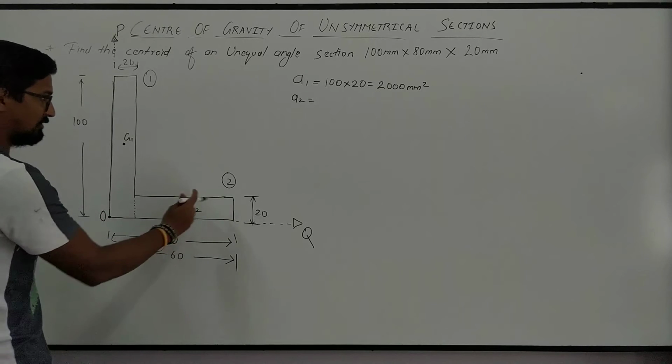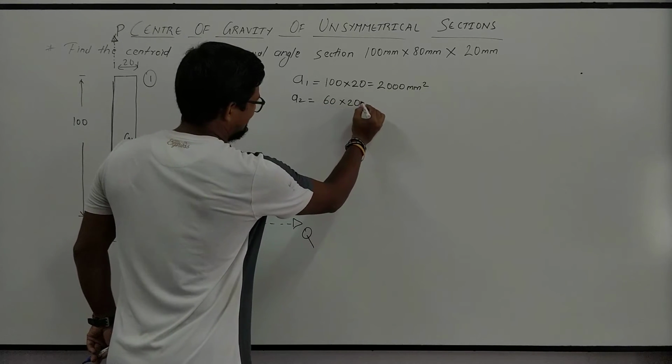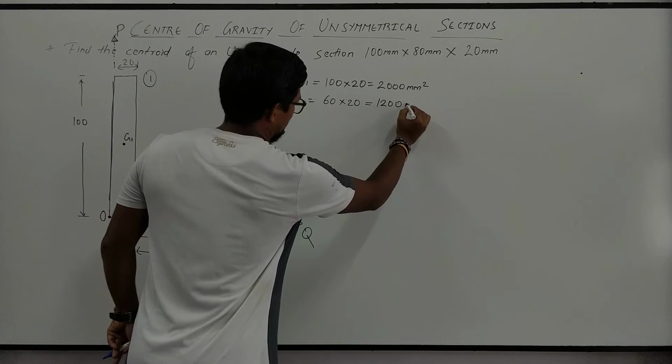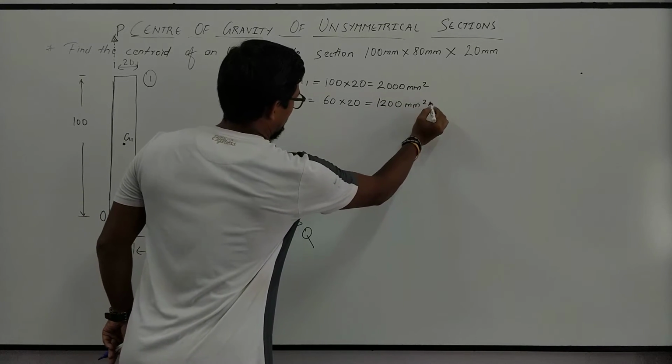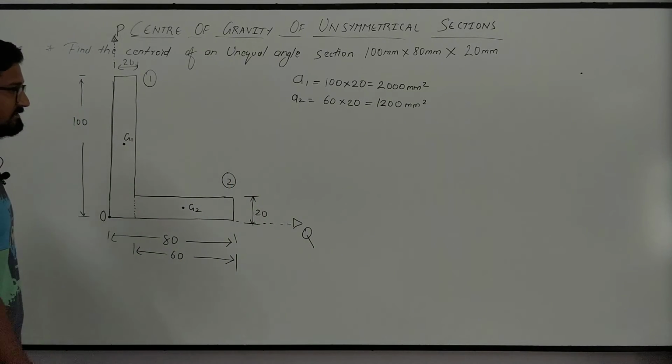So 60 into 20, basic geometry we are using. So we got the area of the respective sections, correct?